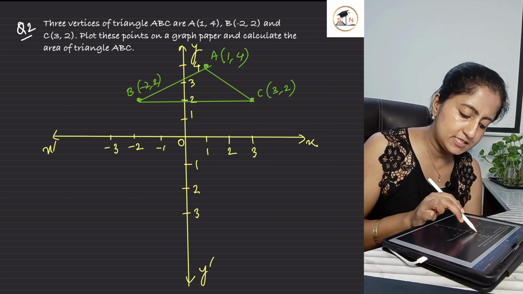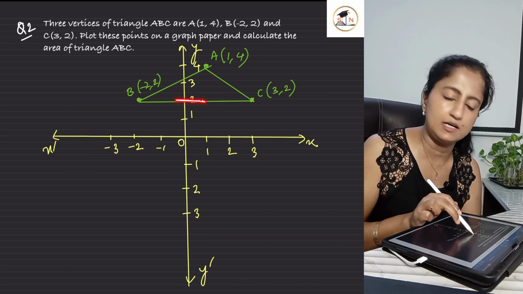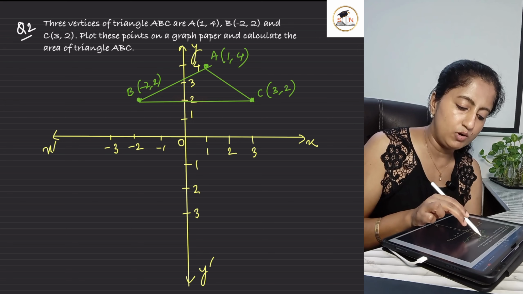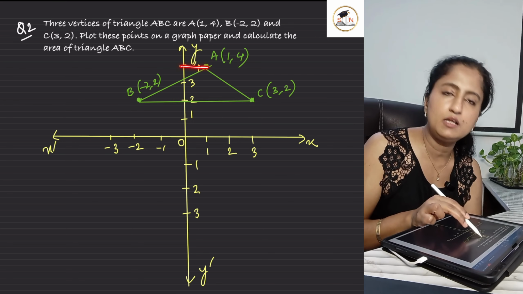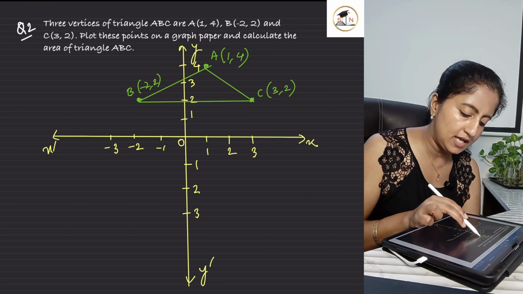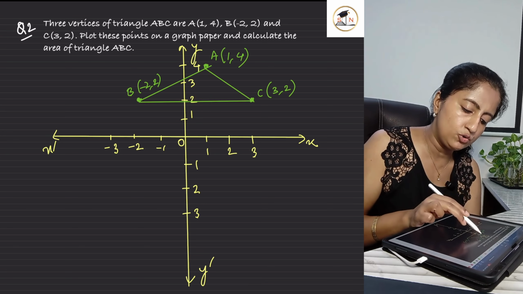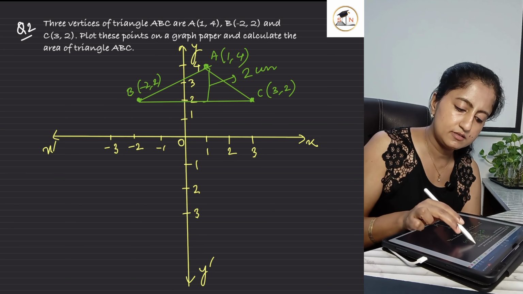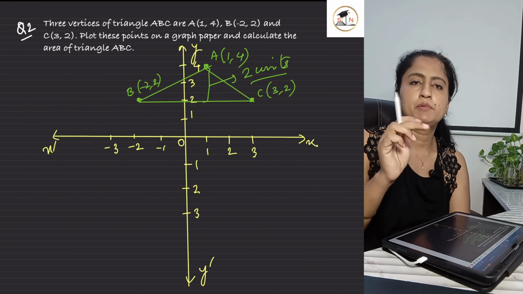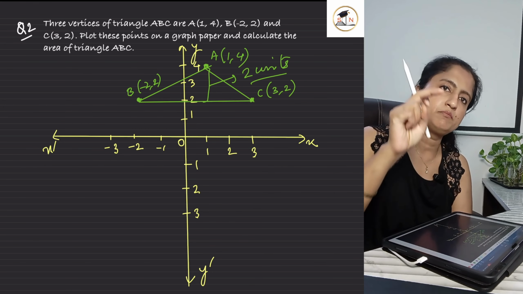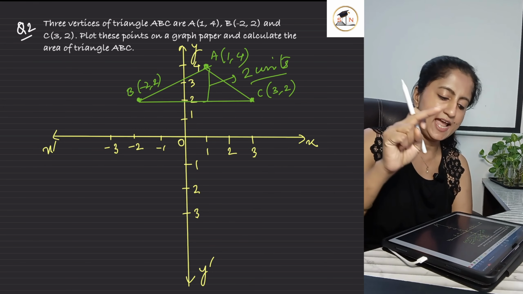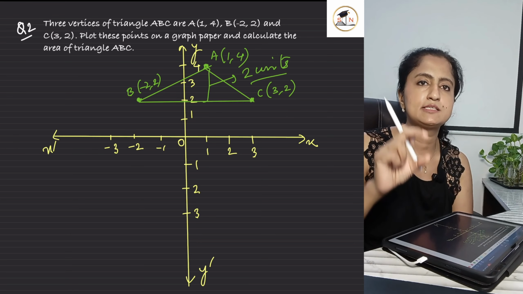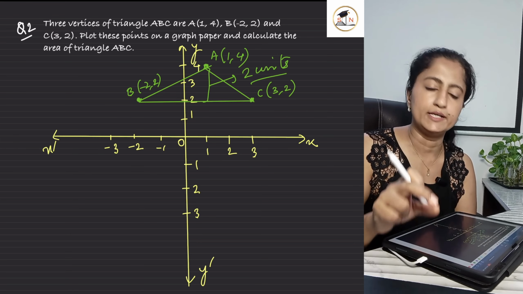Now, the base passes 2 units on the y and the vertex of the triangle is up till 4. That means the height is just 2 units over here. This is 2 units, right? Because the height is captured from 4, the vertex, and 2 from the base. So the gap is just 2 units, right?